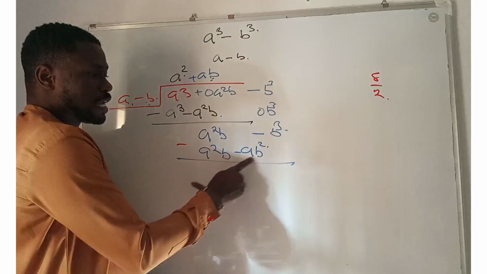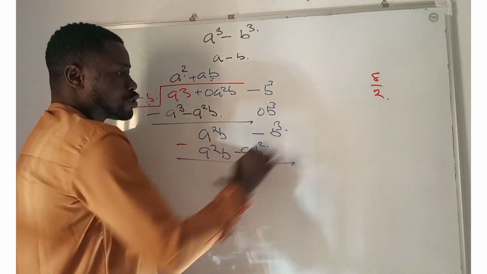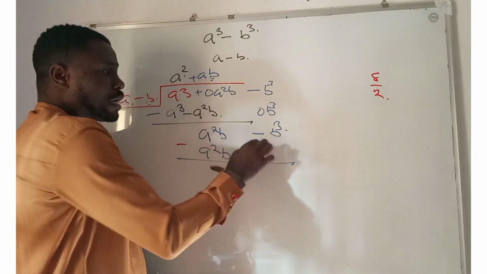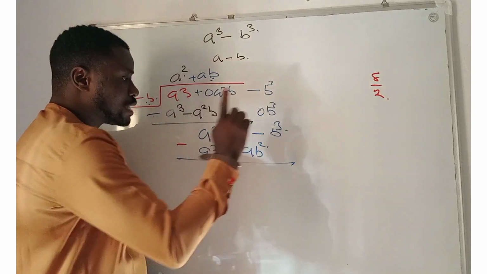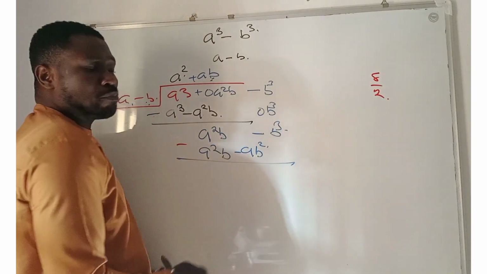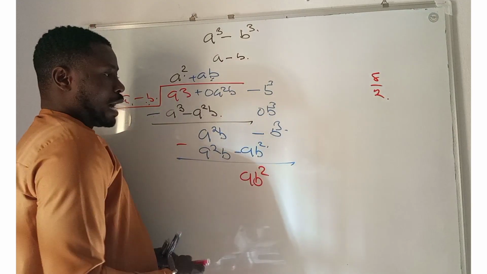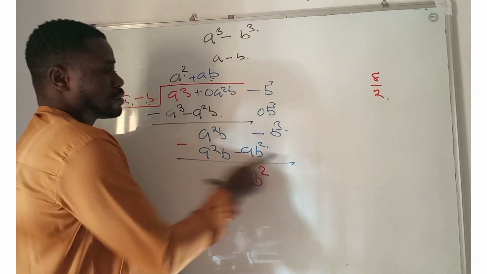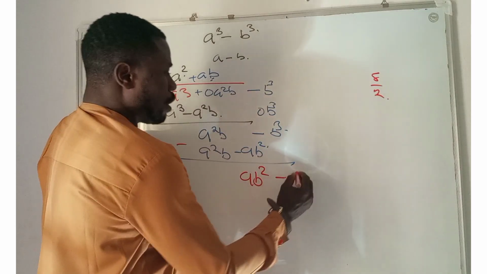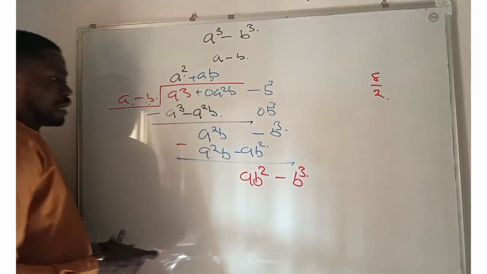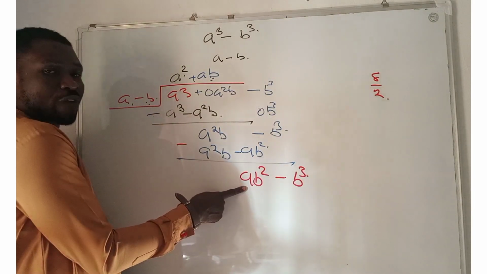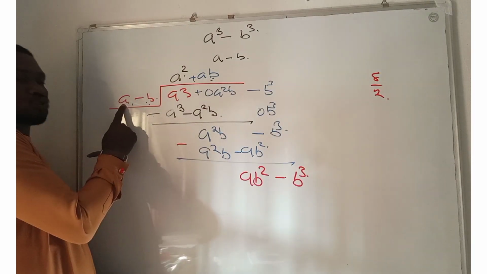Again, there is minus ab squared. On this line, there is no ab squared. It means ab squared here is 0. We then say 0 minus ab squared, of course, that will give us plus ab squared. And then minus b cubed minus 0 will give us minus b cubed.